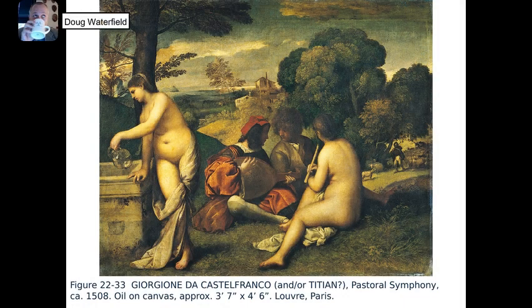This is another Giorgione painting called Pastoral Symphony. And you'll notice that Titian is given credit as a partial collaborator on this, and that's entirely possible, nay, probable, because Giorgione died at such a young age.